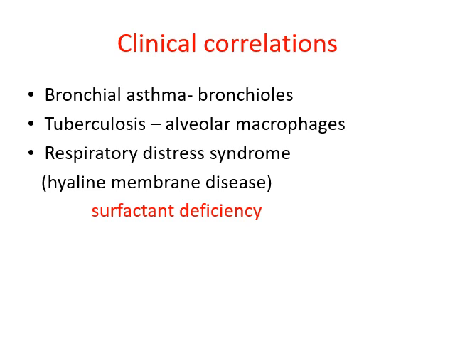Okay, so we'll talk about the clinical correlations of the respiratory tract. One of the most common non-infectious or non-communicable diseases is bronchial asthma, which is a disease of the bronchioles of the respiratory tract.